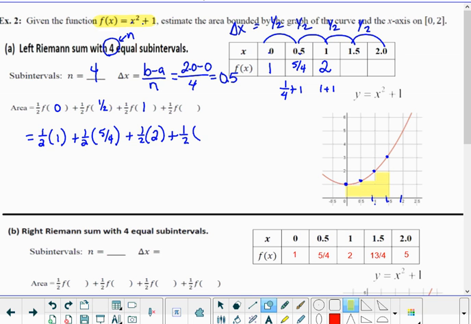Finally, this last one, we're evaluating at 1.5, which is like 3/2. I need to square 3/2 and add 1. That's 9/4 plus 4/4. Looks like we get 13/4.